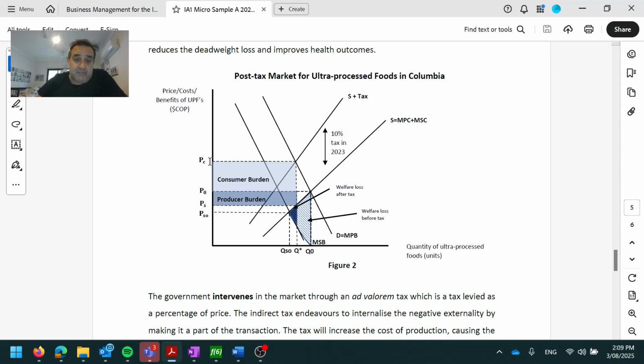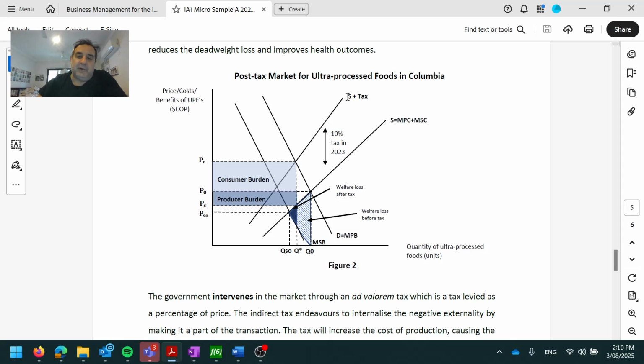Like this, because obviously he is going to talk a lot more about the burden that falls upon consumers and producers based on elasticity. So you could do that, whether you just show it as government revenue or you show it as consumer and producer burden, it doesn't really matter, but that's a nice touch.